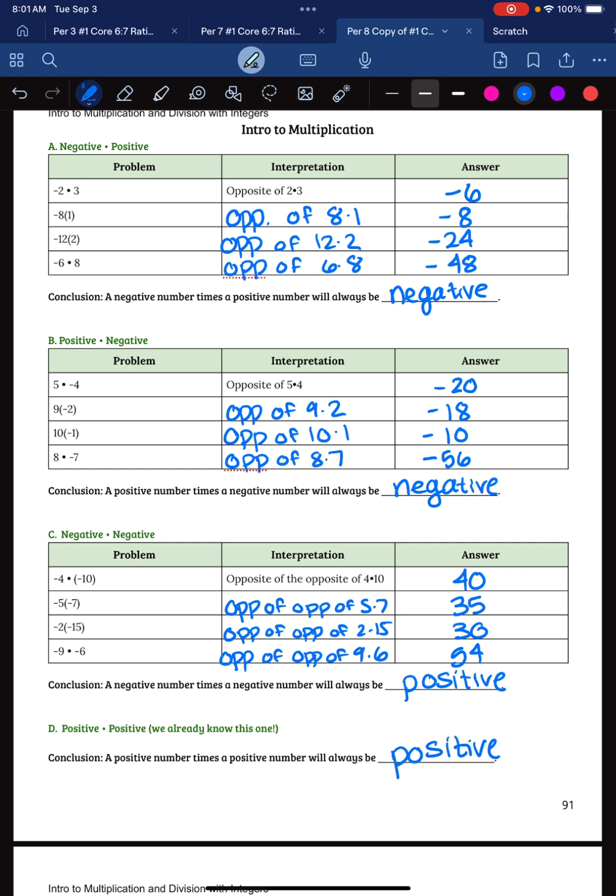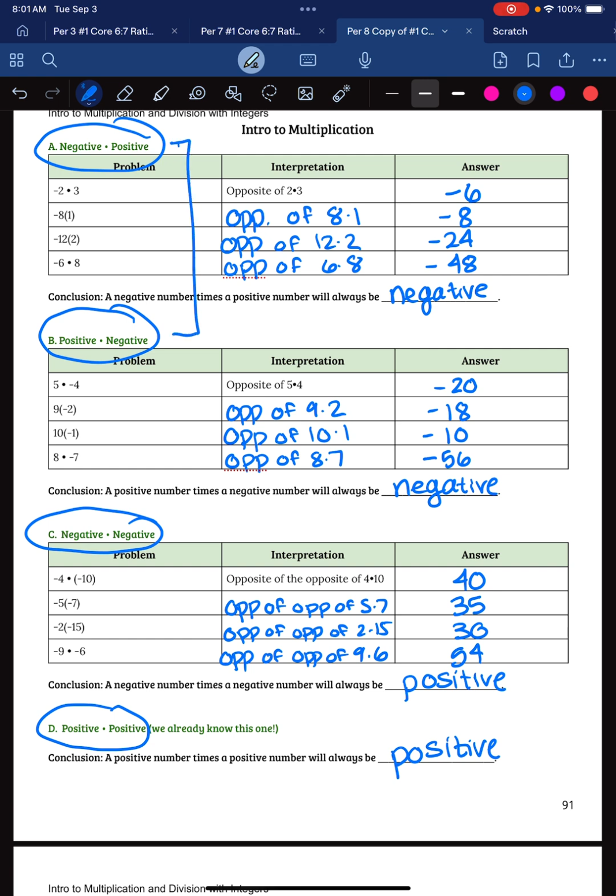We learned 2 different charts about problems with different signs, one positive and one negative. Then we learned 2 different examples of same sign problems. So sections A and B taught us about different sign problems, so one positive and one negative, and we learned that no matter what, the answer is going to be negative for those.